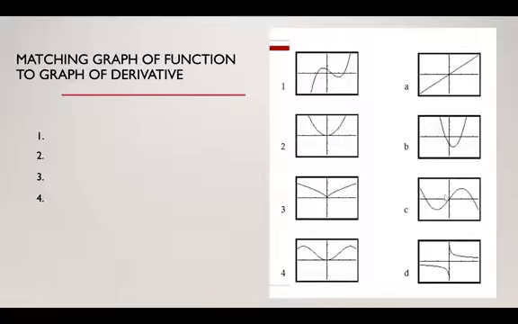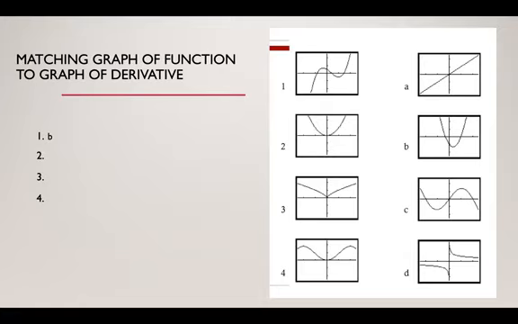And the only graph that has any of those details is B. So with B, we have positive numbers, x-intercept, negative numbers, x-intercept, positive again. So the graph of the derivative for number 1 is B.